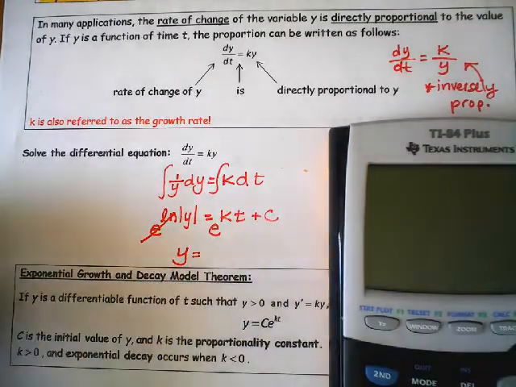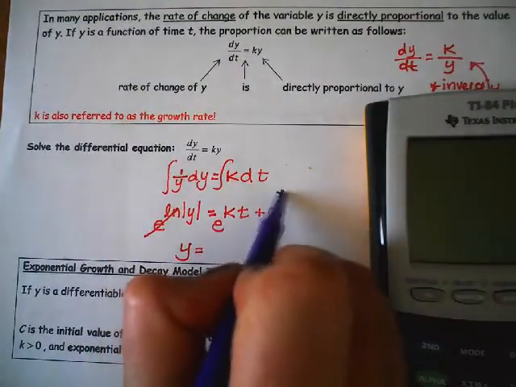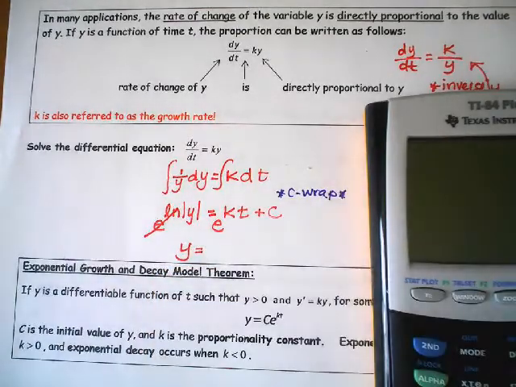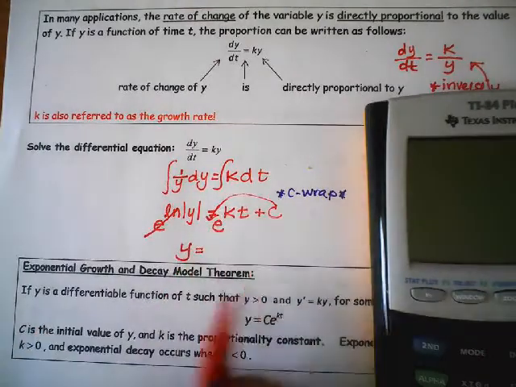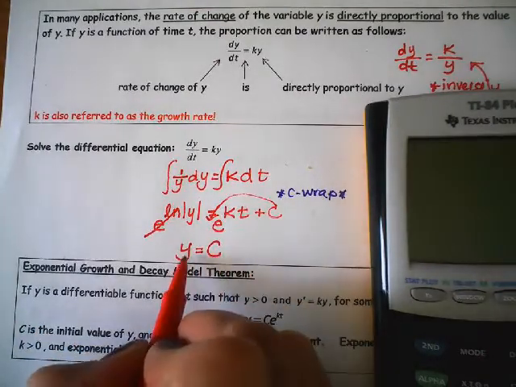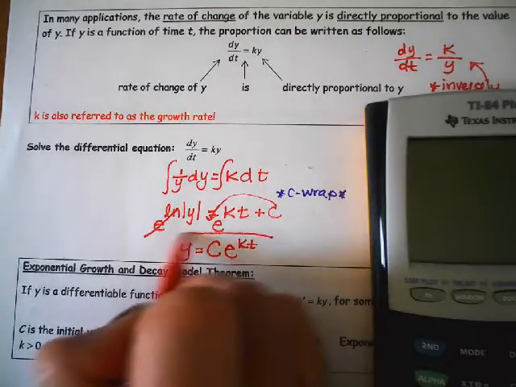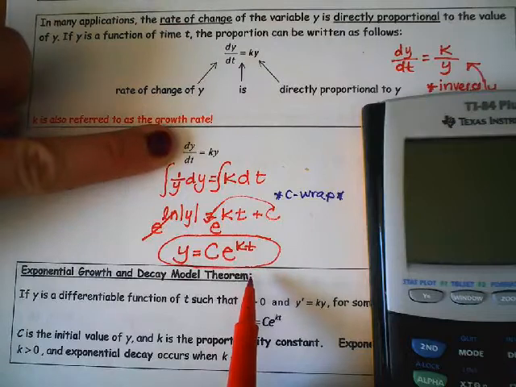And then you learned the c-wrap, discussed in day two notes, that if you see a c up in the exponent like this, we can take it and wrap it around to the front, and my equation becomes y equals ce to the kt. That right there is the solution to this differential equation.